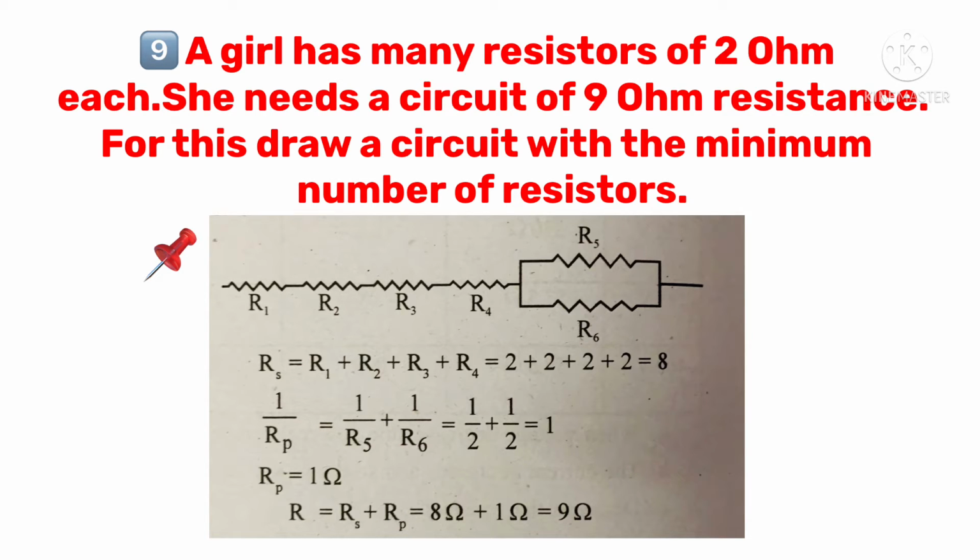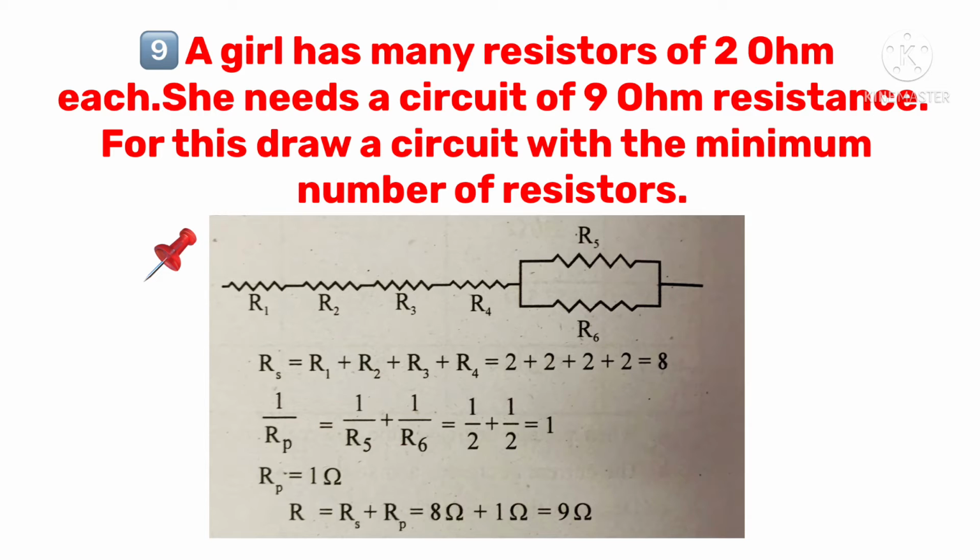The effective resistance of resistors connected in series is equal to R1 plus R2 plus R3 plus R4, which is equal to 2 plus 2 plus 2 plus 2, that is equal to 8. R5 and R6 are connected in parallel. Therefore, 1 by Rp is equal to 1 by R5 plus 1 by R6, which is equal to 1 by 2 plus 1 by 2, that is 1.